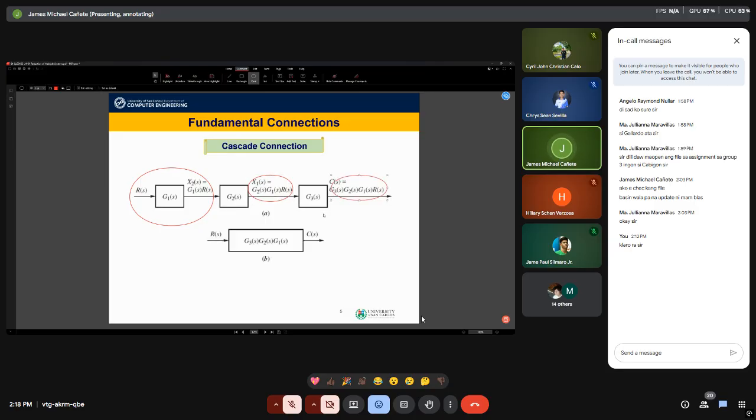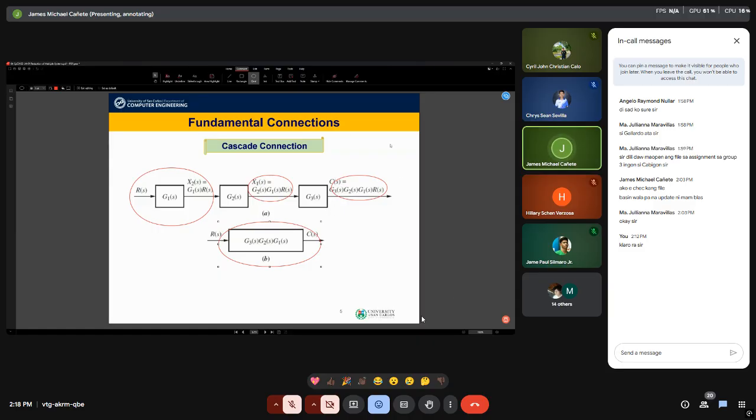So any signal passing into the block of a system is multiplied by the contents of that block. And overall, we can simplify or reduce three blocks down to just one by multiplying every system representation inside the blocks in series.